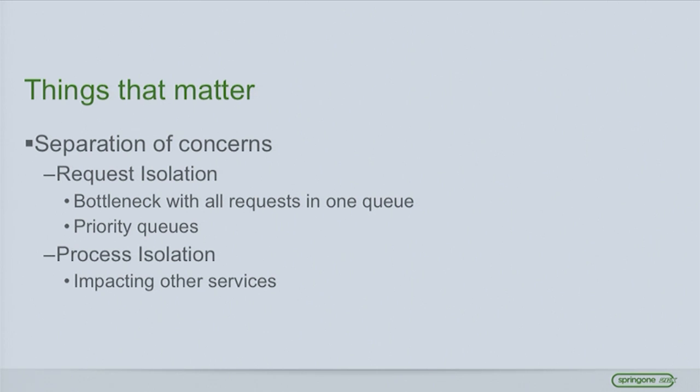Separation of concerns. I briefly talked about that earlier. We get these burst loads, and we wanted to keep the queues separated out. We don't want everything coming through the same tunnel, because that sometimes creates a bottleneck. You want to be able to prioritize your queues and keep them separate for the important services. Let's say you're trying to buy something. Buying an item may be more important than checking where the next available store nearby is.